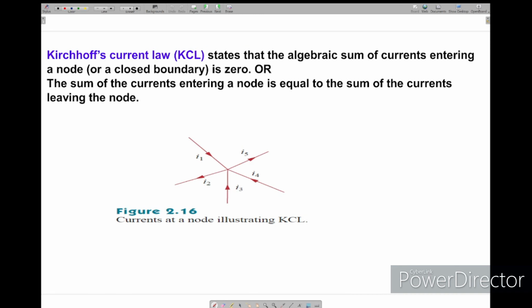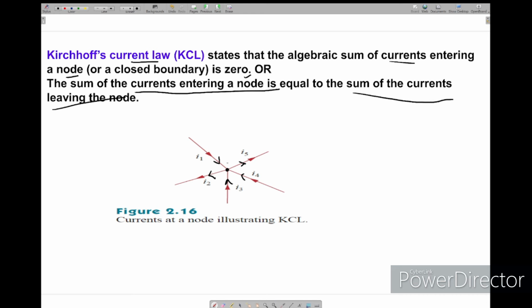Next, a very important law for network theory is KCL. What does it say? The algebraic sum of currents entering a node is 0, or in other way we can tell the sum of the currents entering a node equal to sum of currents leaving the node. If we take one node, one current leaving and entering and entering.